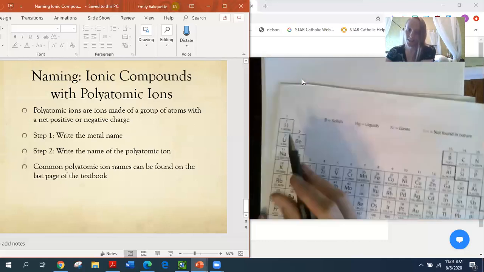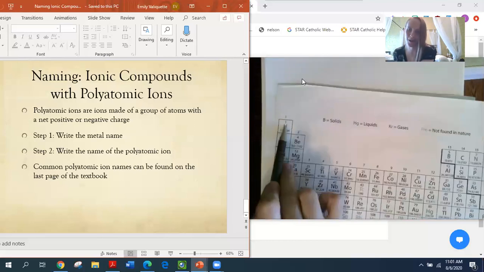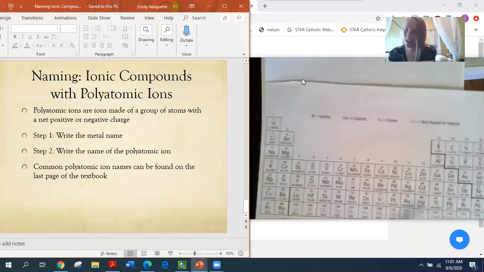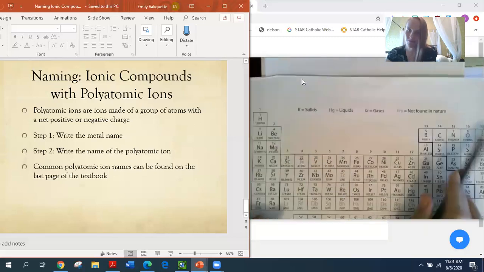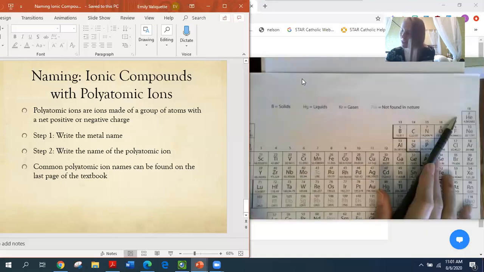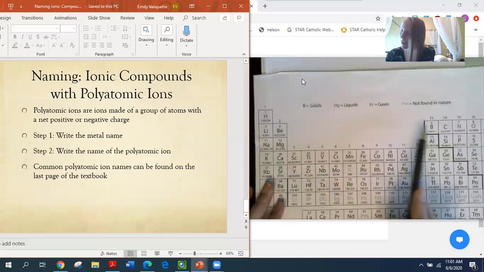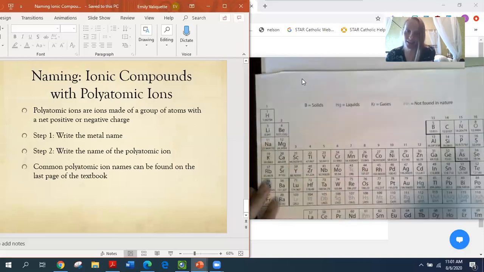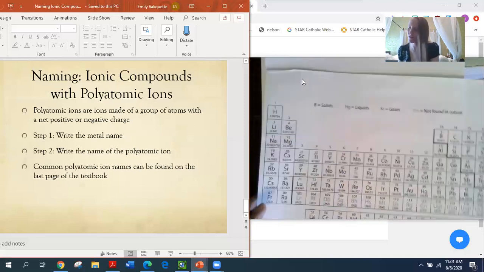So if you look at the atomic numbers on your periodic table, so like 1, and then helium is number 2, 3, 4, all the way through until calcium is number 20. You need to memorize all of those.